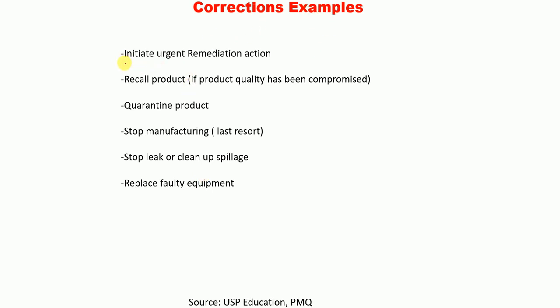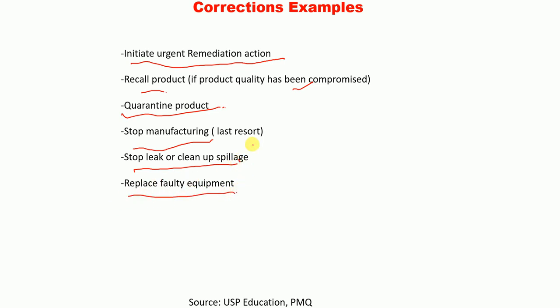Examples include initiating urgent remediation actions, recalling product if product quality has been compromised, placing the product in quarantine, stopping manufacturing as a last resort, stopping leaks or cleaning up spills, and replacing the faulty equipment. These are a few examples of corrections.